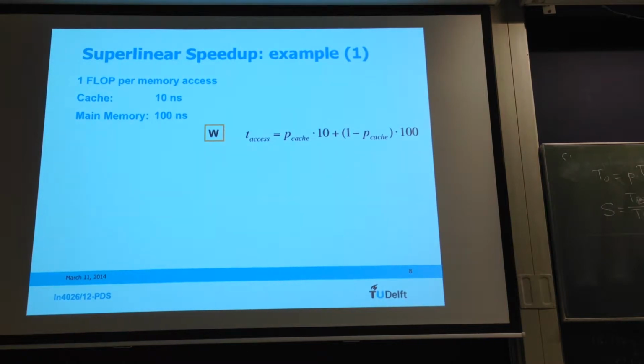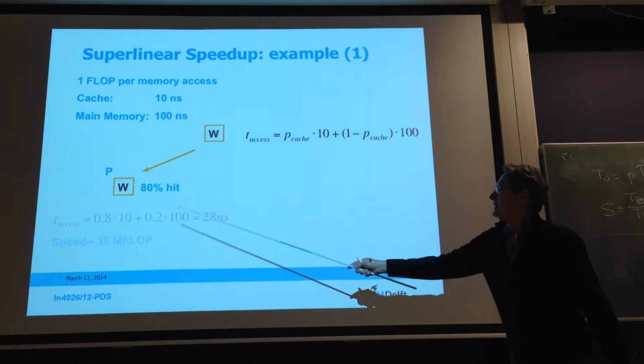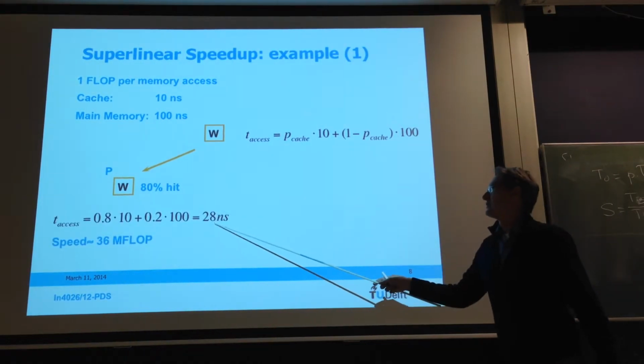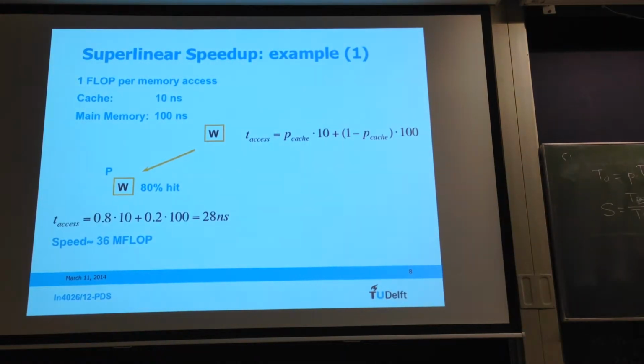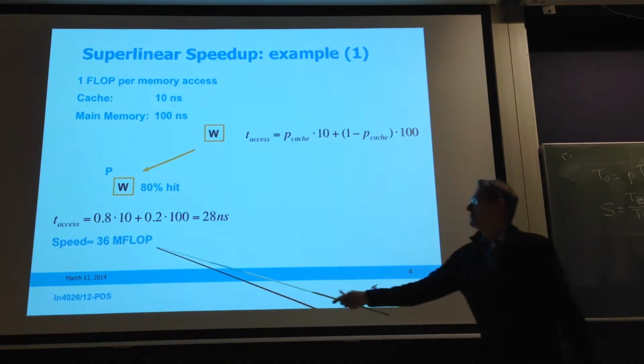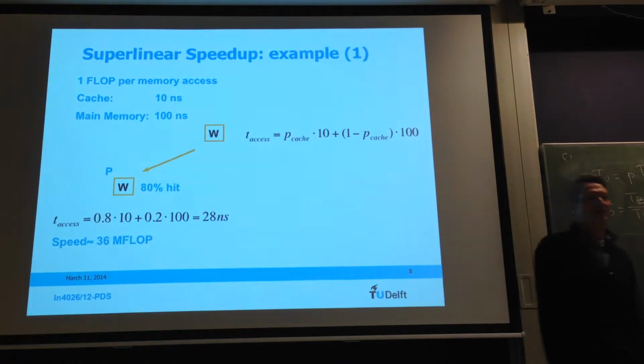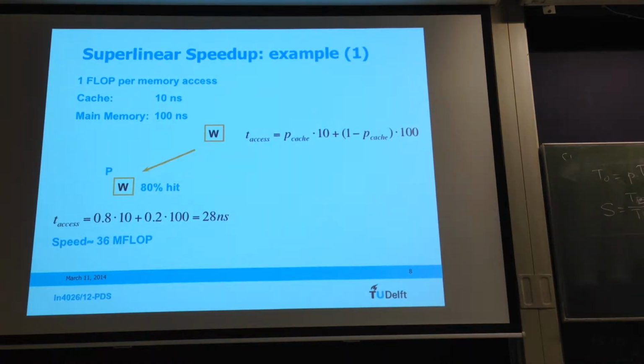Simple. So if we would have an 80% hit ratio, so we have a workload W and we have an 80% hit ratio in the cache, then we can simply substitute into 28 nanoseconds, which yields a speed of this processor of 36 megaflops, right? Just filling in.